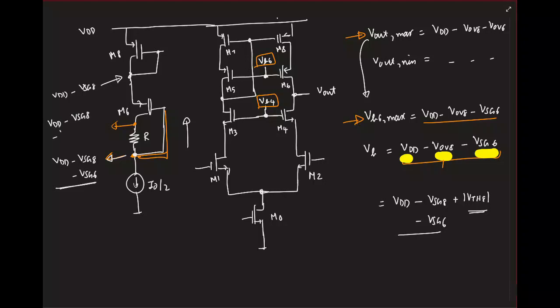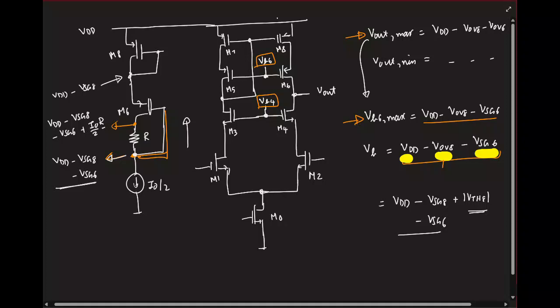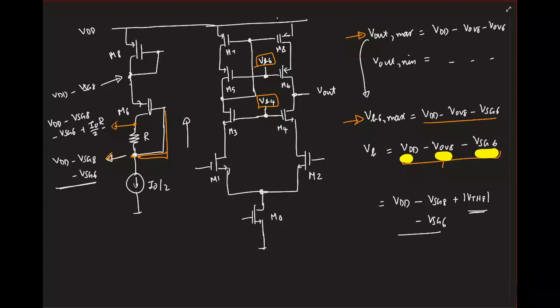VSG8 minus VSG6 plus I0 by 2 times R. This is a decent solution, but again we need to make sure that I0 by 2 times R must track a threshold voltage. We cannot enforce this all the time, but it would work. So can you suggest something else that will generate a threshold voltage, or close enough to a threshold voltage?